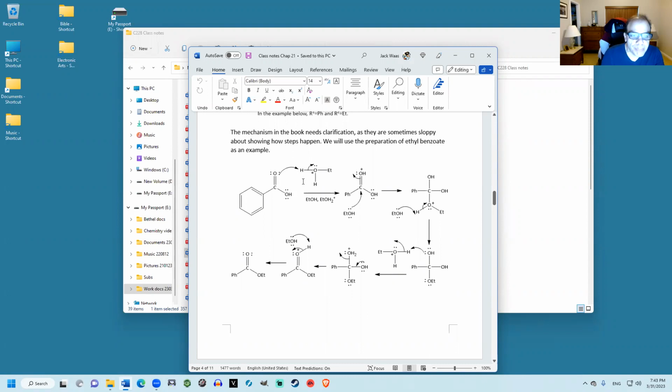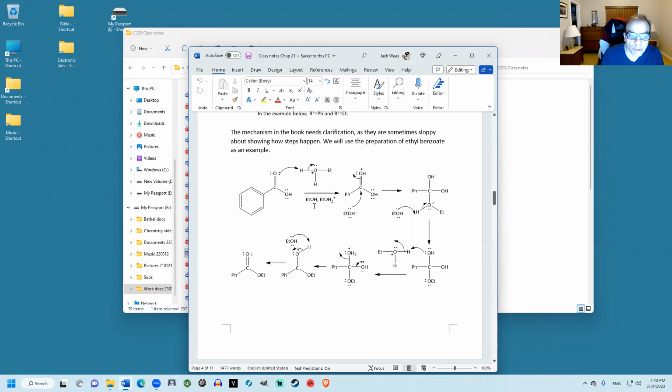And so the first step, as is so often the case in acidic solution, protonate the carbonyl oxygen. And you use whatever the acid is that you're given. This is EtOH2+ over here. That's the species that you're given. That gives us this intermediate. After protonating the carbonyl oxygen, then you generally get nucleophilic attack.